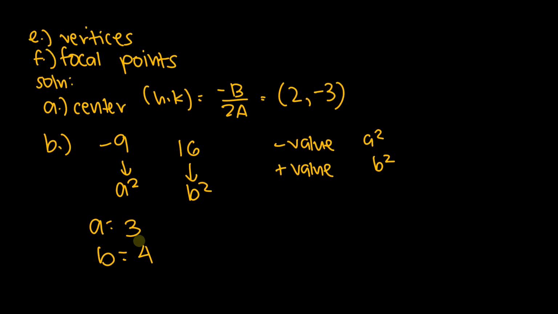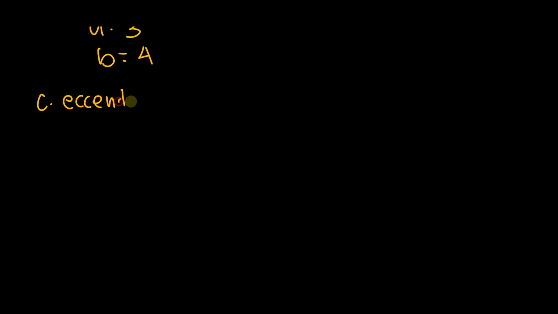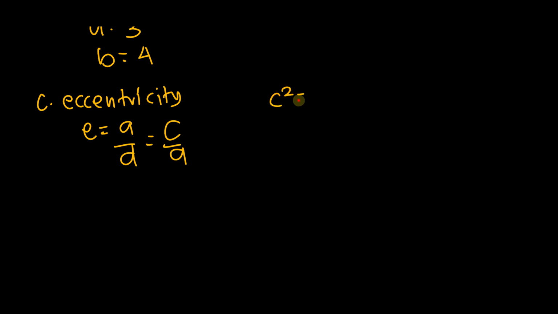Next is your eccentricity. So, this eccentricity is still the same formula, that's e equals c over a. We don't have c yet, but c can be obtained, right? Because of the relationship of a, b, and c. The formula we use, class, is c squared equals a squared plus b squared, right?